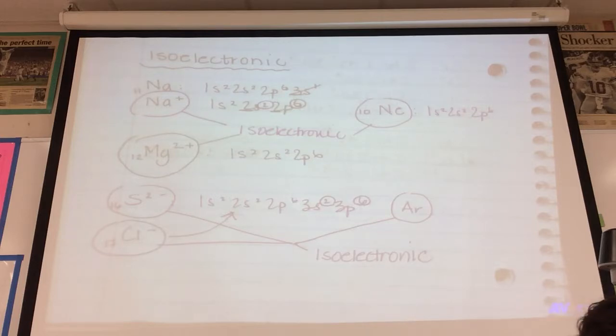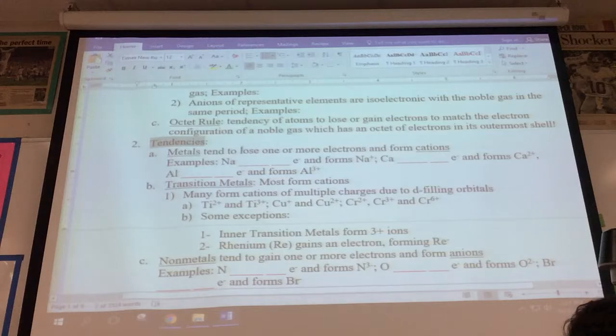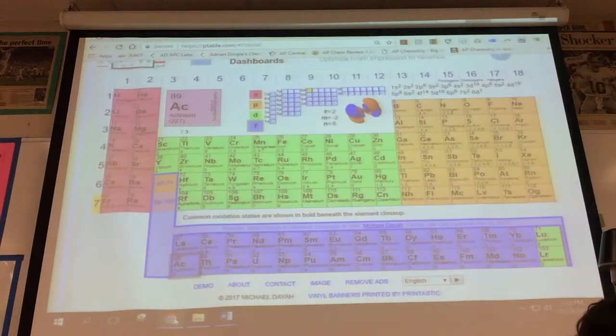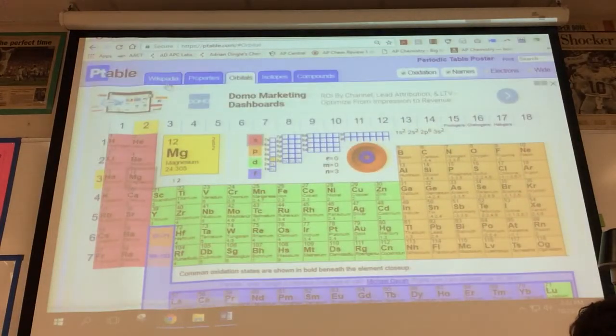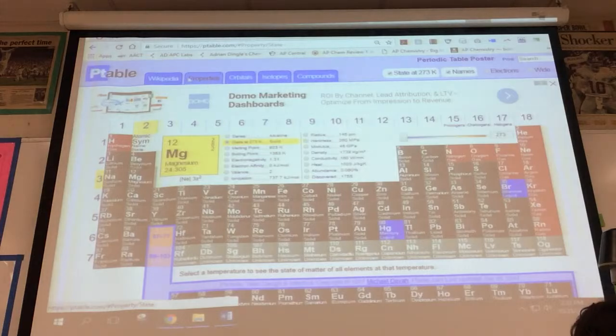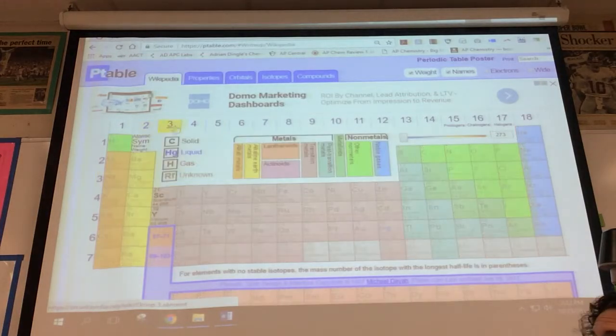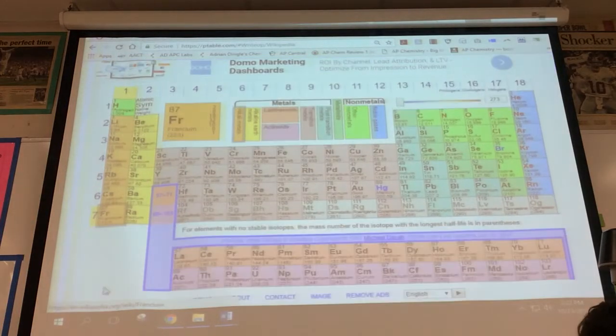Okay, what you're going to see is that metals tend to lose 1 or more electrons. They're going to form cations. If you were looking at a periodic table, for example, like the one shown here, where are the metals? On the left side or the right side? Left.